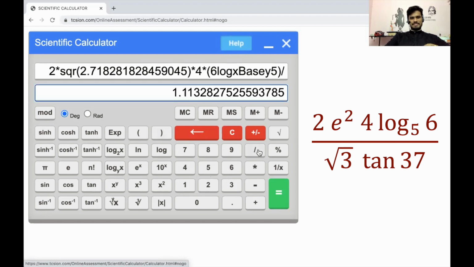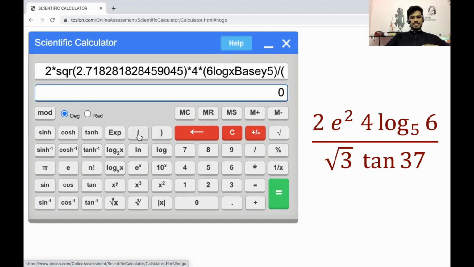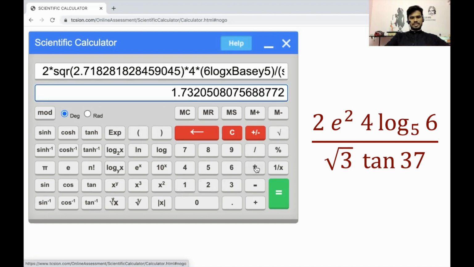By, okay, open a bracket, and that is 3 square root into tan 37 tan, close the bracket, equals, I still get 50.4.